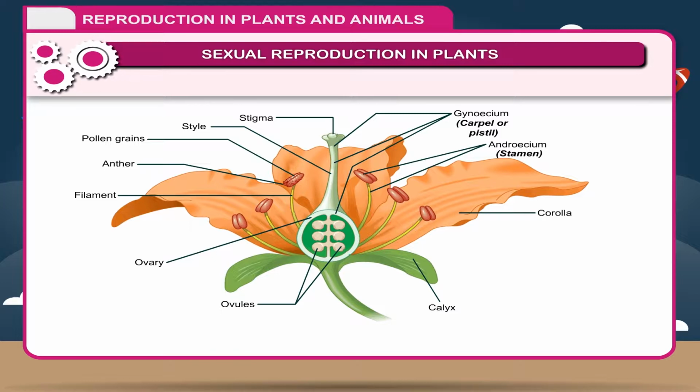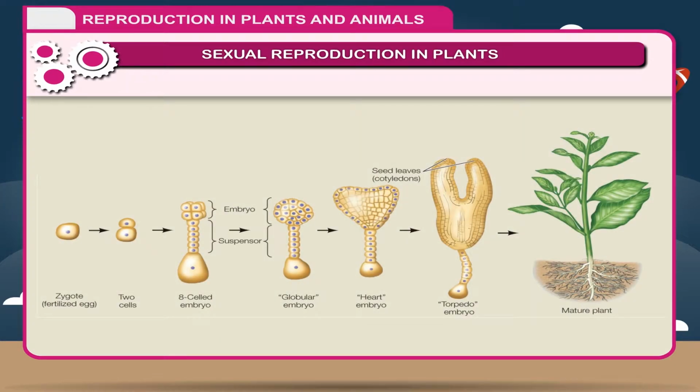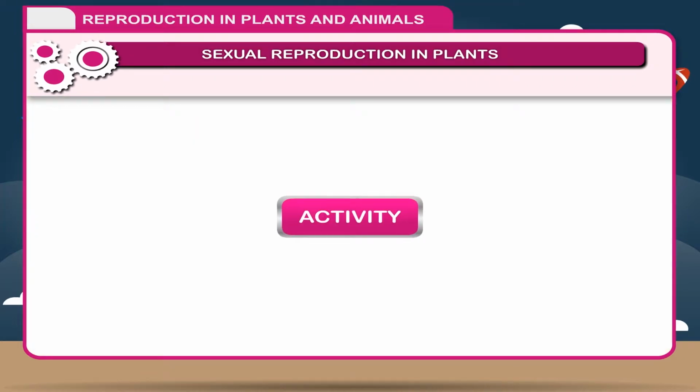In the ovules, egg cell or female gamete is formed. In fertilization, male gamete unites with the female gamete. The resulting product is the zygote, which after several divisions produces embryo and finally a new plant is developed.